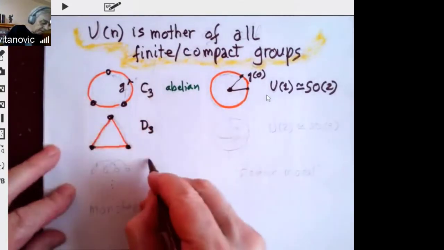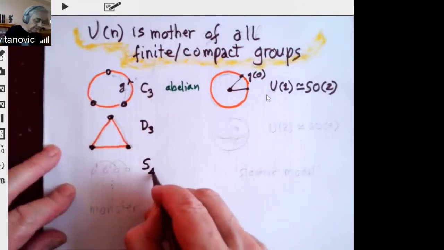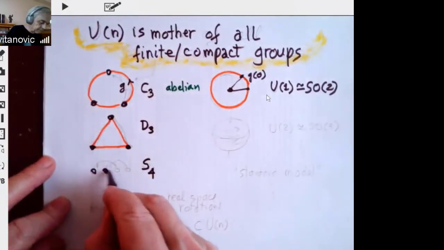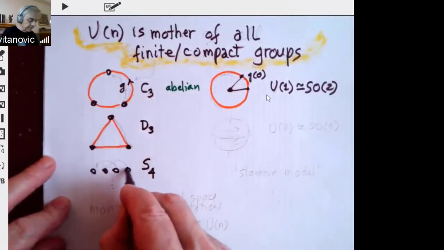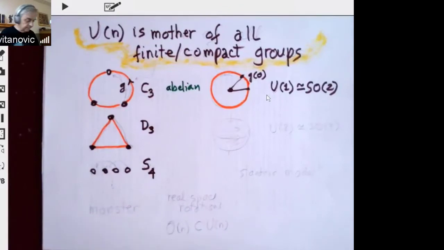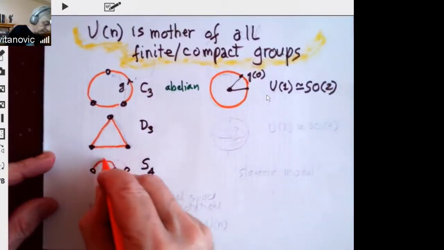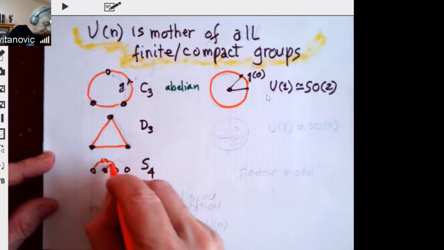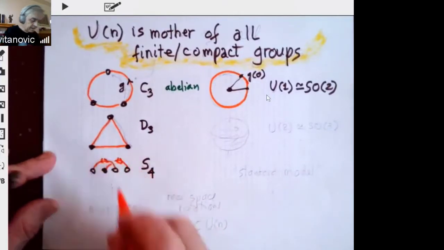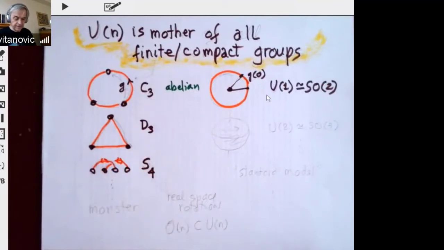And then it goes on. You can, for example, take 4 billiard balls with different labels, and then you can interchange them any way you want. So, for example, you can interchange these 2 and these 2, and all of those things are called the symmetric group acting on 4 elements.